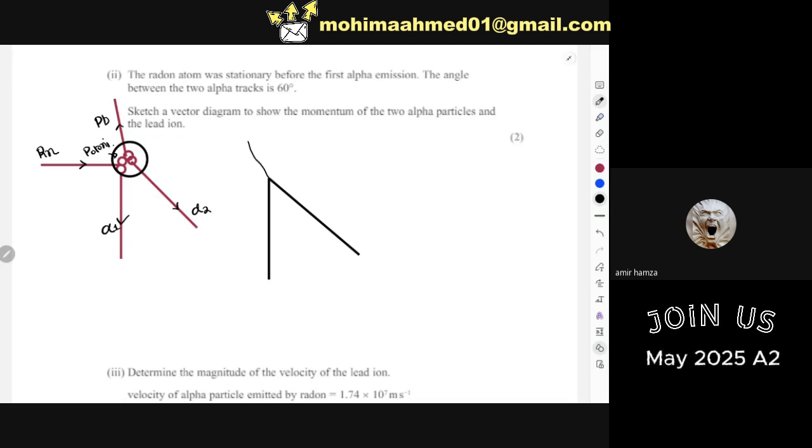This is how it would travel maybe. They were creating 60 degrees, and I just considered that this particle was traveling over here. The direction for lead was not actually given, so I'm considering that they would move away from each other in this particular direction. So I think I should change it to over here.